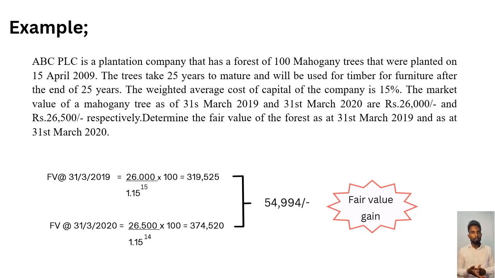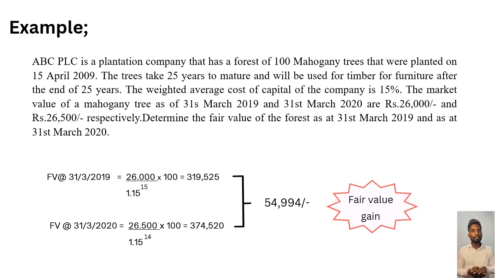Now, when looking for the fair value of the year 2019, since there is no active market for 2009 to 2019, we can find the present value of future cash flows separately. Then the fair value for the year 2019 can be calculated as 319,525 rupees, and the fair value of the year 2020 as 374,520 rupees.